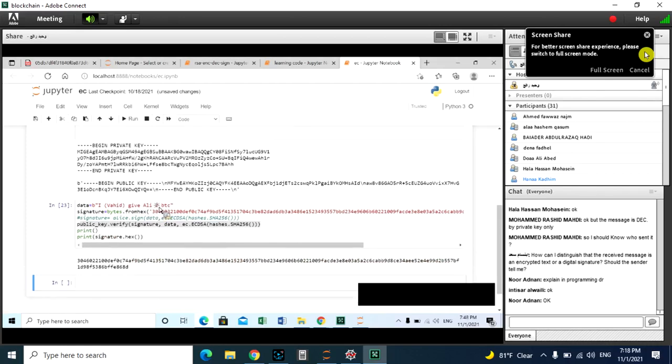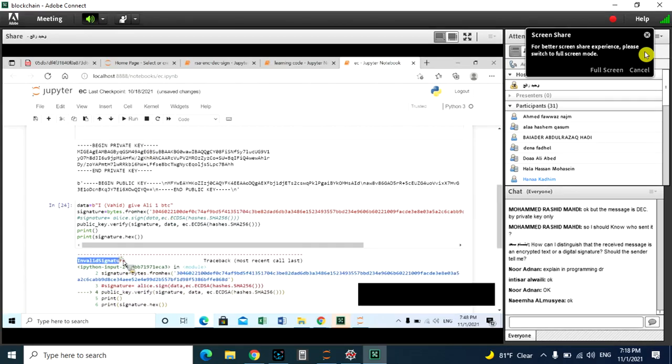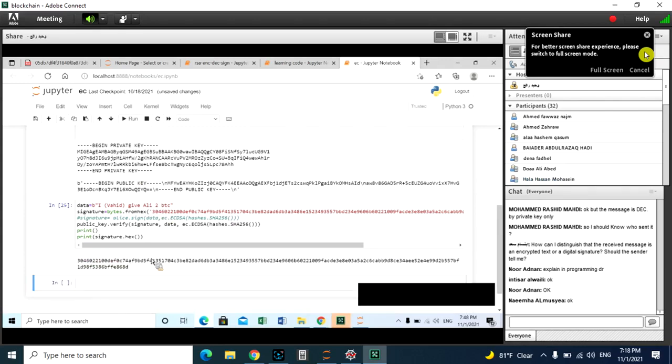But suppose that I'm cheating, just 1 Bitcoin. If you change the original message and verify the signature, it is an invalid signature. Again, if I correct it and run the program, everything is okay.